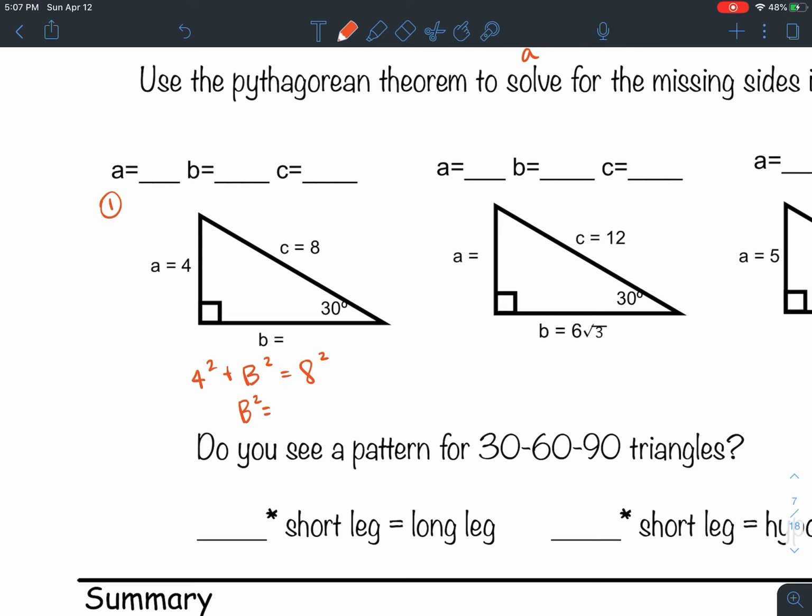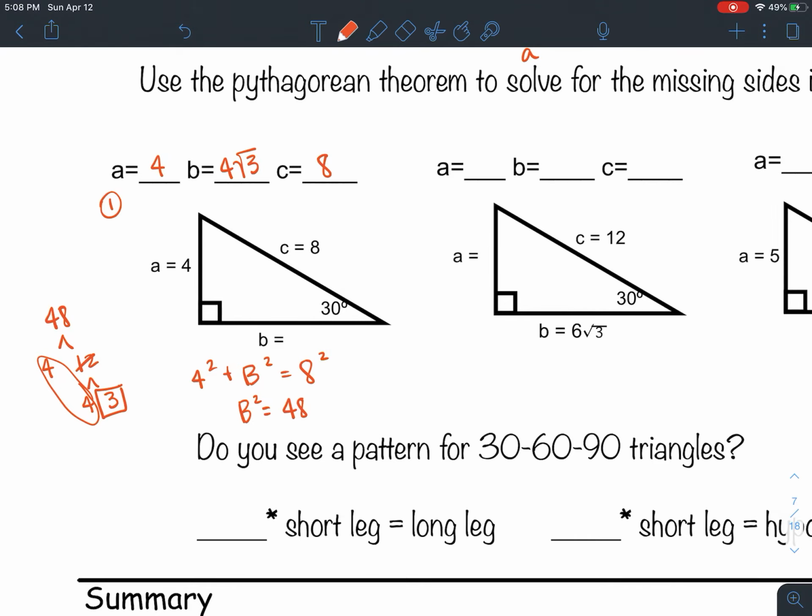So b squared is equal to 48, and I'm going to bring that over here since I'm running out of room. 48 is 4 times 12, 4 times 3. I'm going to go ahead and stop there since I have a pair of 4s. It's just going to give me 2 pairs of 2s anyway. So my b is going to be 4 square root 3. My A is 4, and C is 8.